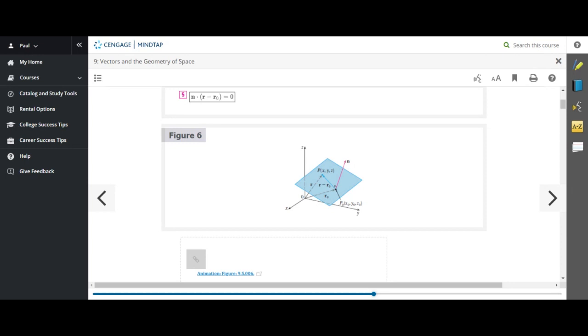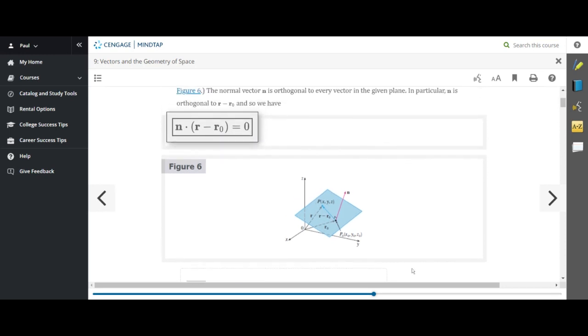Very good. 0. That's right, Angela. That's right, Mary. So the dot product between that red normal vector and the blue vector, r minus r0 in the plane, equals 0. And it's based on this equation that I have highlighted that you can come up with the equation of the plane.